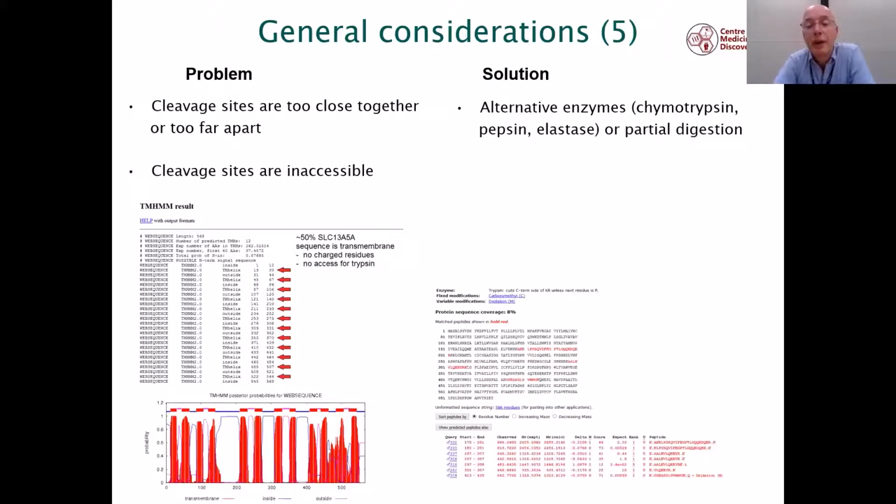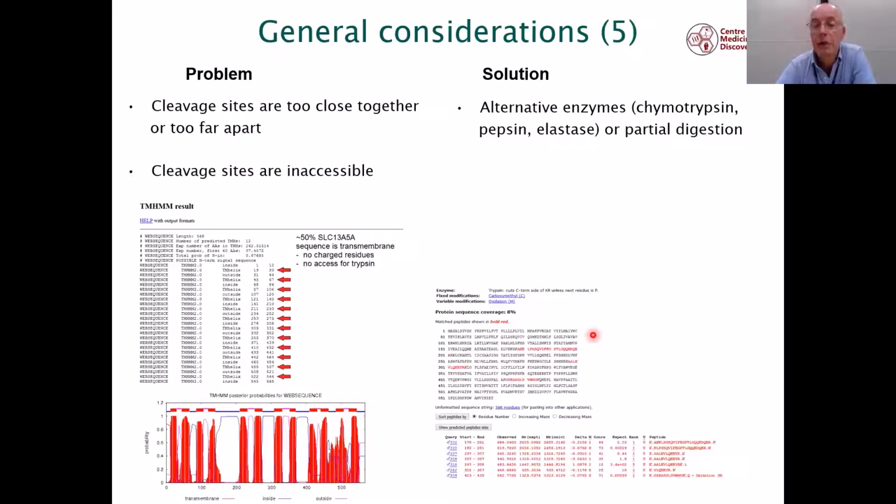So this is some real data. This is some MSMS data for SLC13. We have quite low coverage, only 8%, but that's plenty of coverage to allow us to identify the protein. But you can see that it's quite restricted.